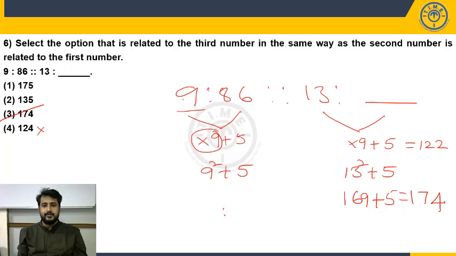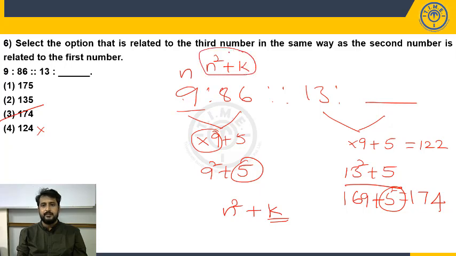It relates to the squares logic: n square plus k, where k is a constant, 5. 9 square plus 5, 13 square plus 5. Here n is equal to 13. So 13 square plus 5 is 174. Choice 3.